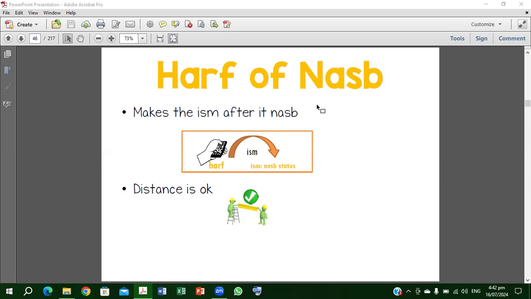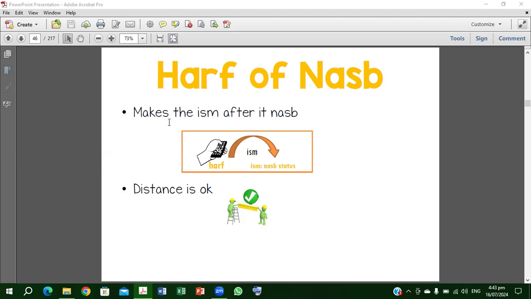So today we are studying another combination of two words, that is harf of nasab. I was just revising harf of jar with you, and I told you that there are a total of 11 harf of jar. Now today we are studying harf of nasab. So harf of nasab will come, and after that a noun will come, and it will be considered a phrase.